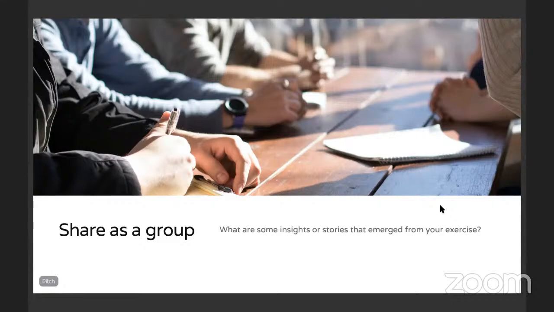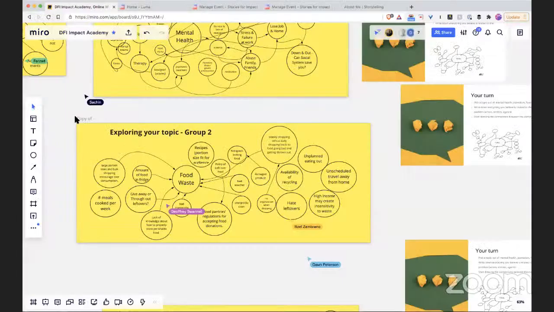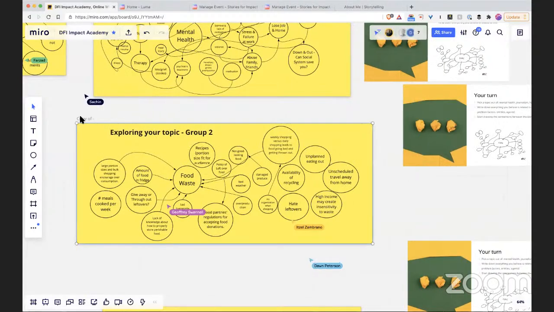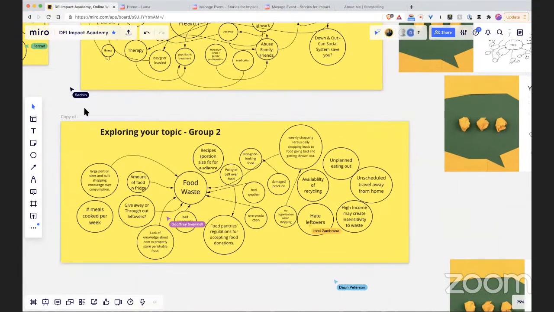There are some other great points on here about having unscheduled travel away from home. So you're not expecting to be gone, you've bought all this food and it's left in your fridge, but you're not there. And then you come back and of course it's bad, so you have to throw it out.